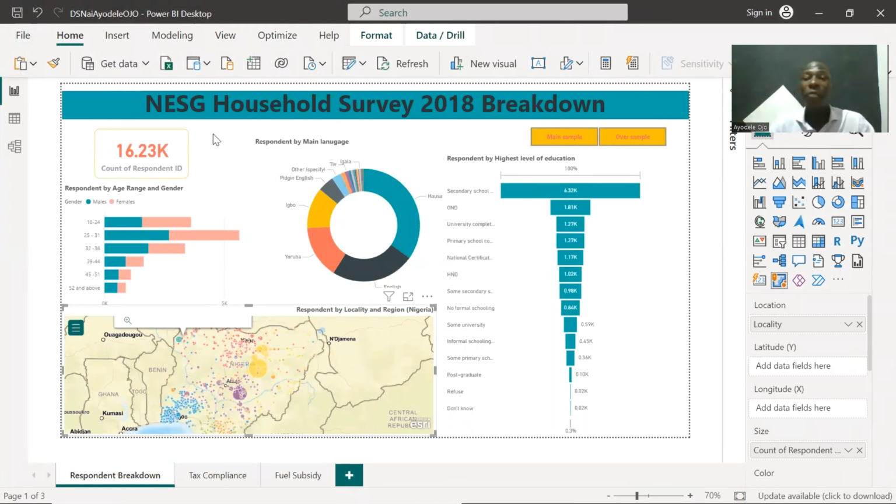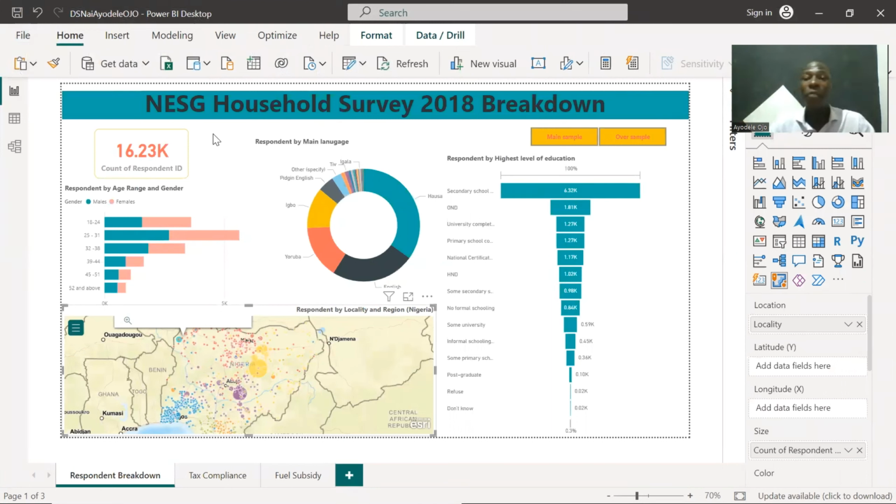Now from what we have before us, with this map we're able to have the visualization for the location.